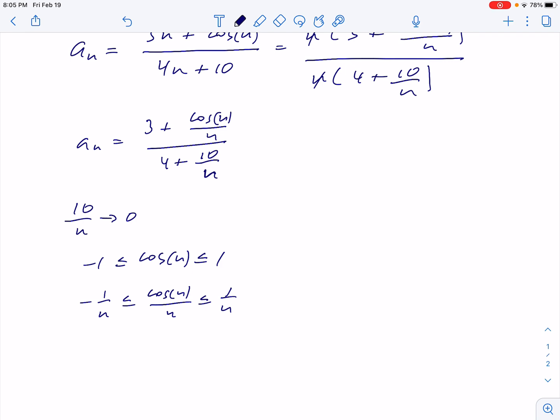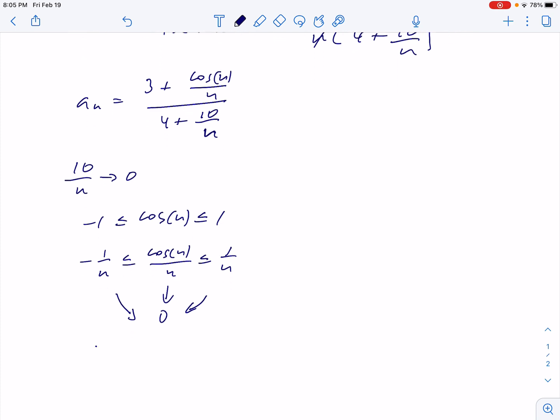Look at the two sequences on both sides of cosine n over n. -1 over n approaches 0, 1 over n approaches 0, so cosine n over n is squeezed between these two, it also has limit 0. So I can write cosine n over n has limit 0 when n grows to infinity, and it can be on the top anything that is restricted between -1 and 1, or between any two numbers.